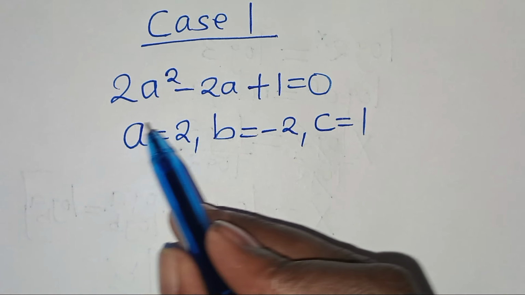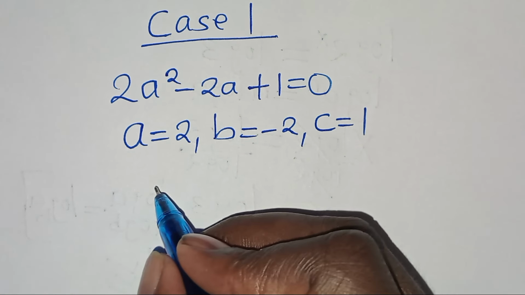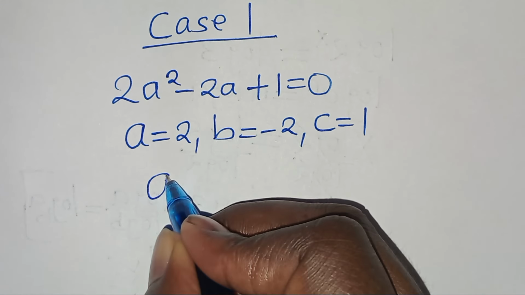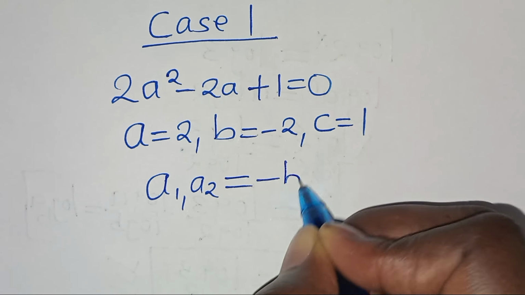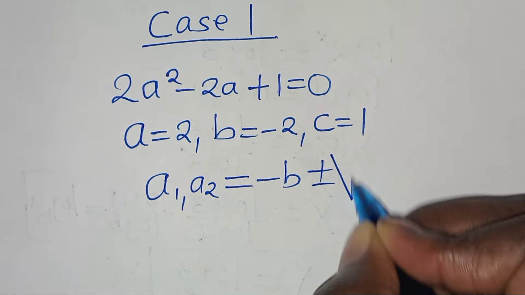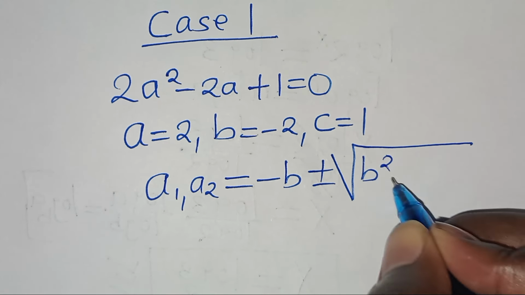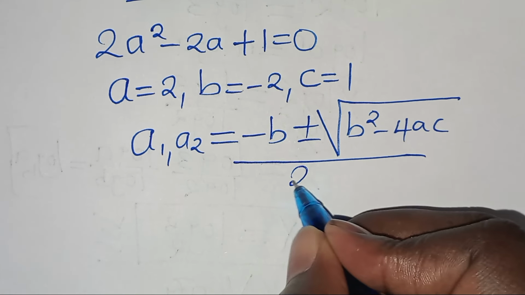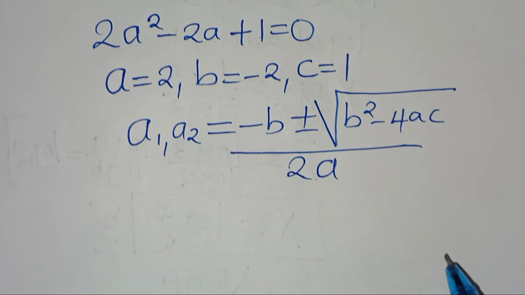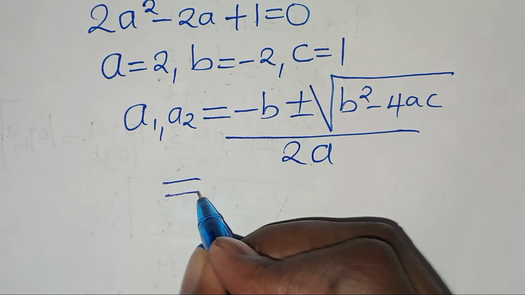To solve this quadratic equation here, we can apply the quadratic formula. That's to solve for a1, a2. This is equal to minus b plus or minus the square root of b squared minus 4ac, everything here divided by 2 times a. So let's substitute the values of a, b, and c.